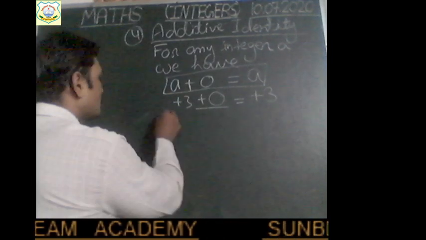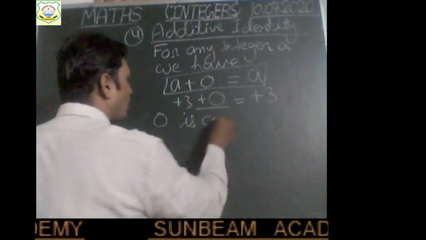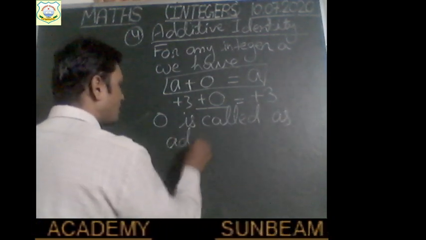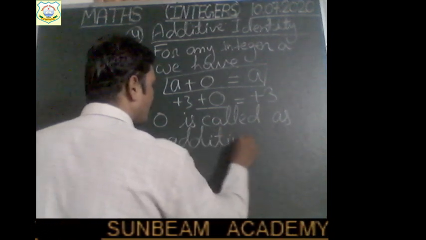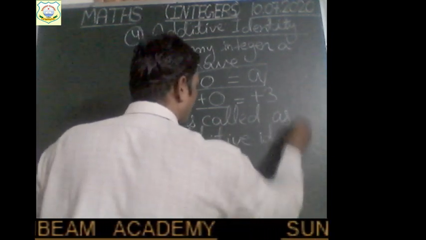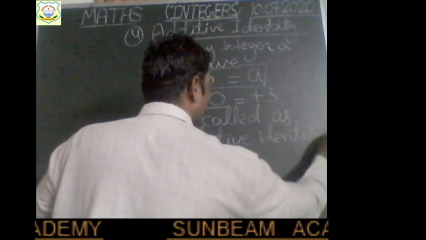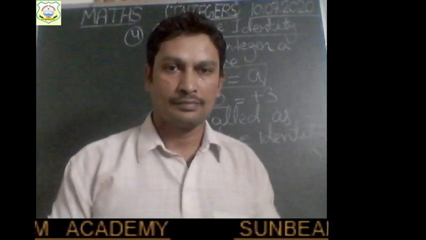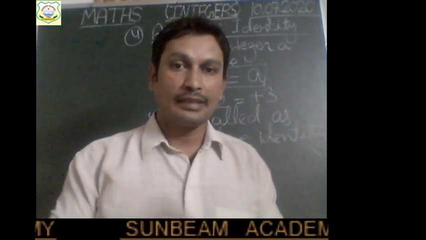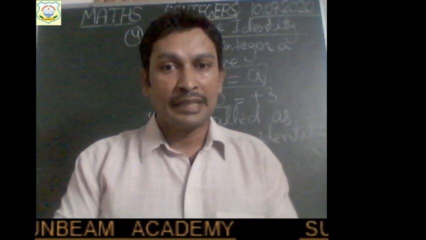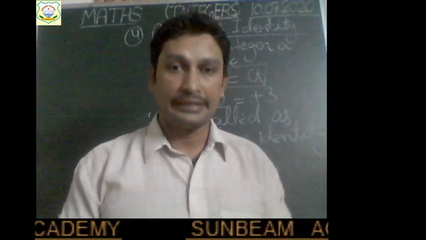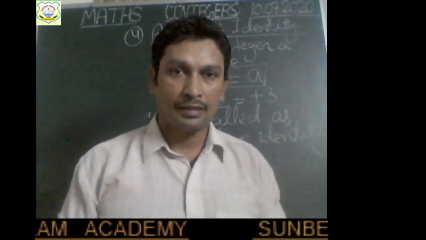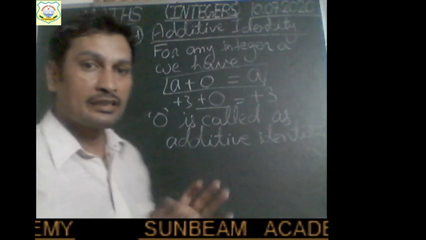You can write it. 0 is called additive identity. Right, children? So 0 is a very special integer. When 0 is added to any integer, it doesn't make any change in the value of the integer. The same integer is obtained on the other side. Clear? So this was the fourth property, that is additive identity.